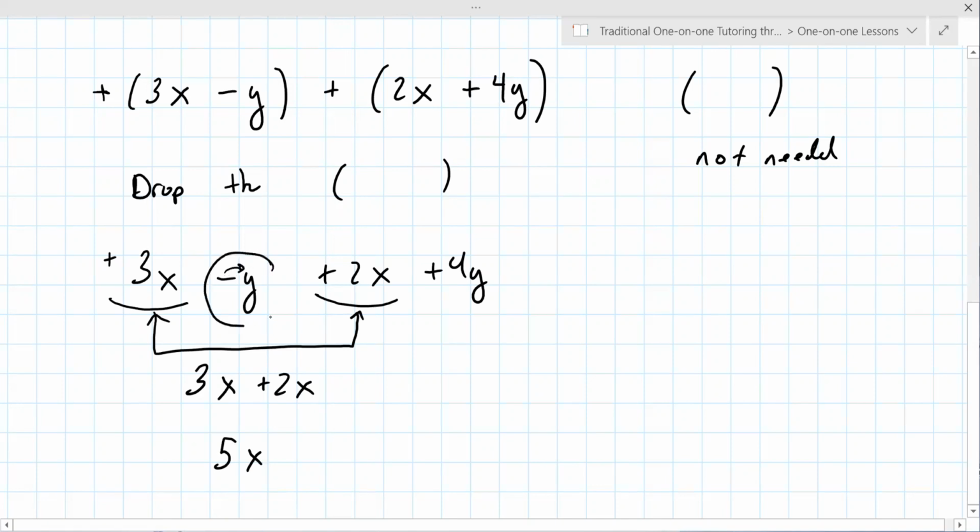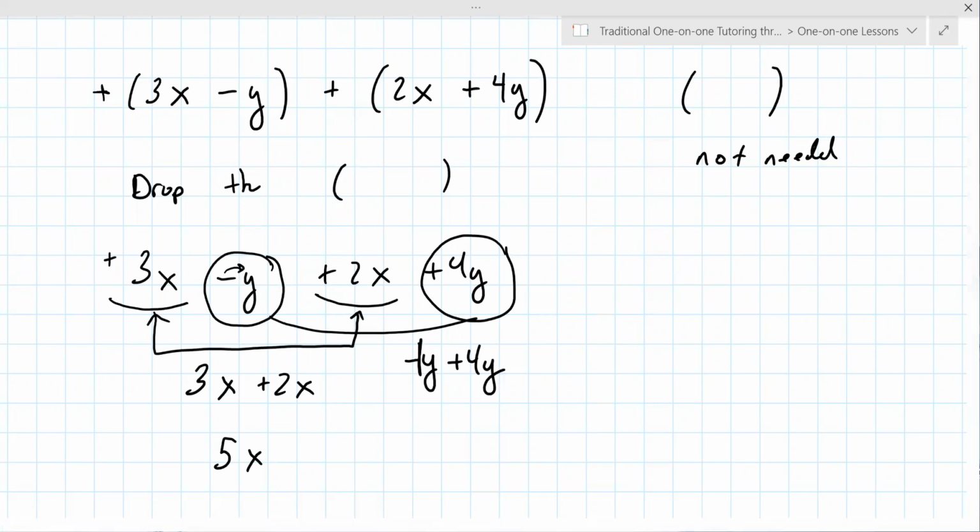So this is minus y plus 4y. But there's a 1 here, isn't there? Negative 1 here. You have negative 1 and then you add 4 to it. So you owe your friend $1 and then you have $4 now. So you give him 1 and then how many do you have left over?